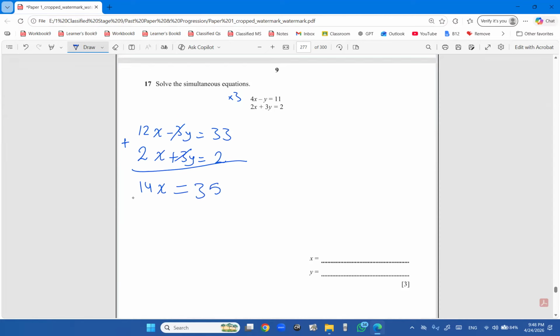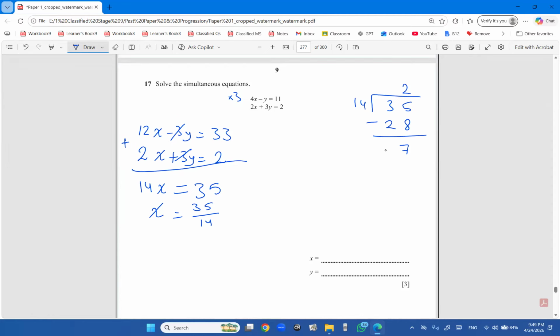All right, let's continue. So x equals what? 35 over 14. How many 14s are in 35? You're going to find that we've got 2, which is going to lead to 28. You subtract, it gives you a 7.